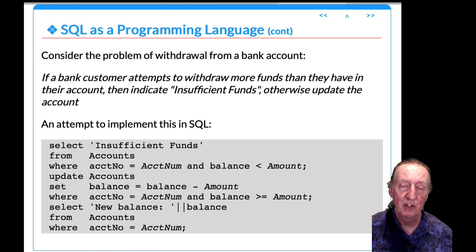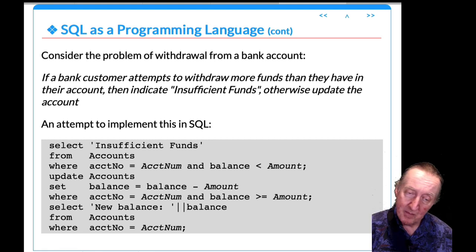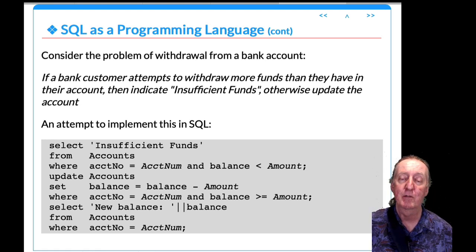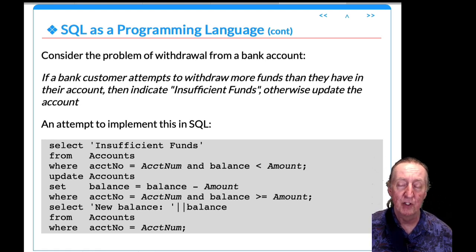So the first thing we could do, we could check whether the balance is sufficient. And if it's not, then we could return insufficient funds. So in PostgreSQL, that's what would be displayed, insufficient funds. If there were sufficient funds, then of course we'd update the account and we'd reduce the balance by the amount of the withdrawal, and then we'd print the new balance.